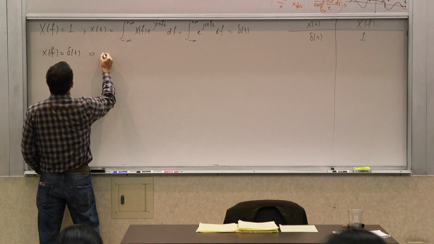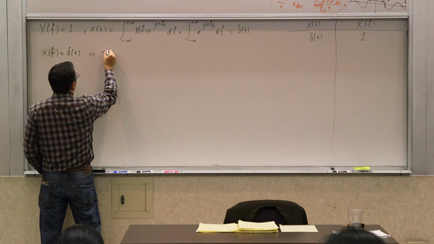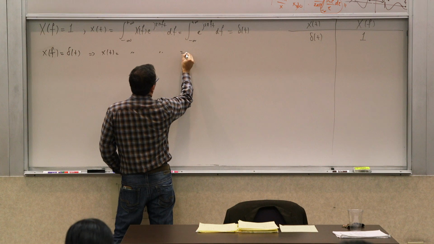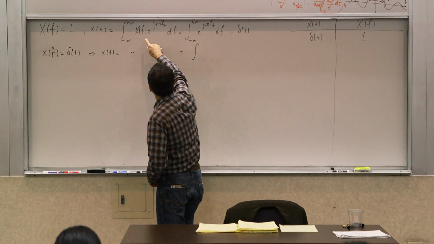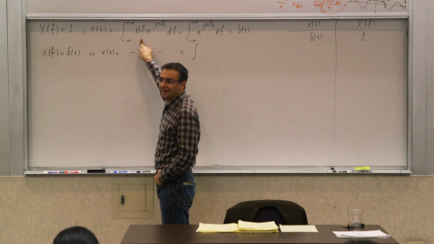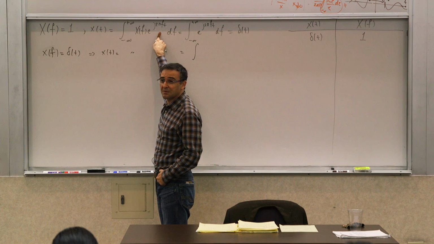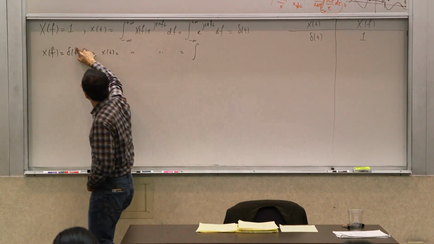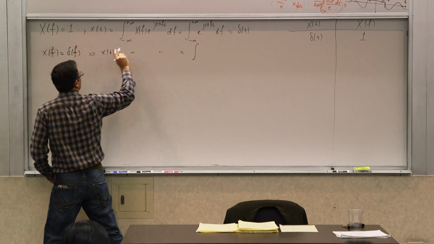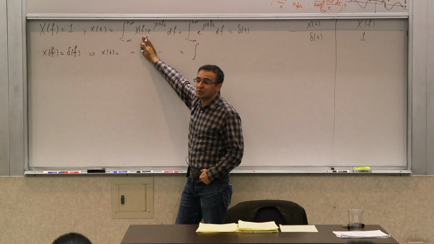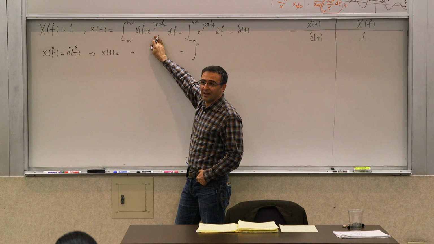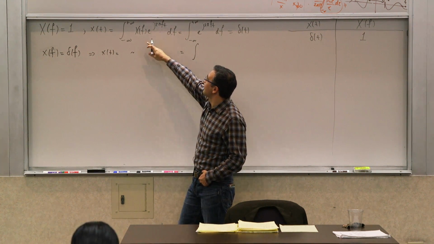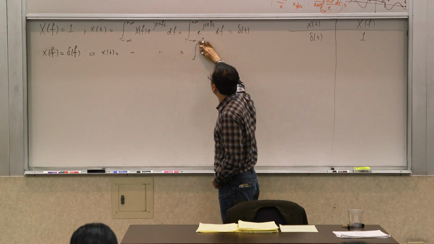Because you can do the same thing, write the same integral for x of t, and now you have delta of f here. So if it's delta of f, this value only matters at f equals 0, so the exponential becomes 1. So you have the integral of delta, which is 1.